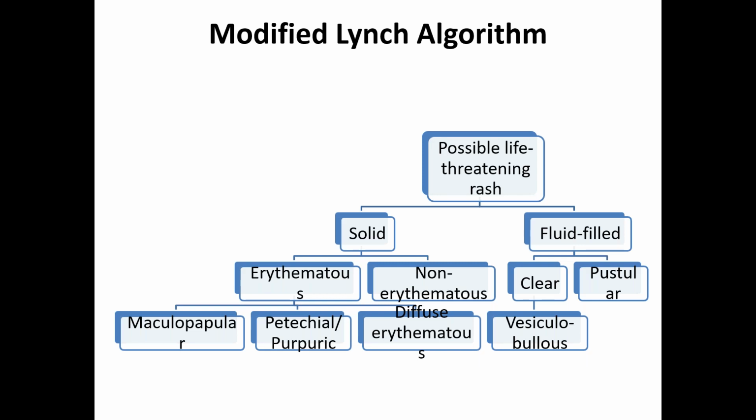If it is non-erythematous, there is nothing to do. If it is erythematous, maculopapular, purpuric, or diffuse erythematous, or if it is fluid-filled, either clear or pustular, then if it is clear, it is vesiculobullous.